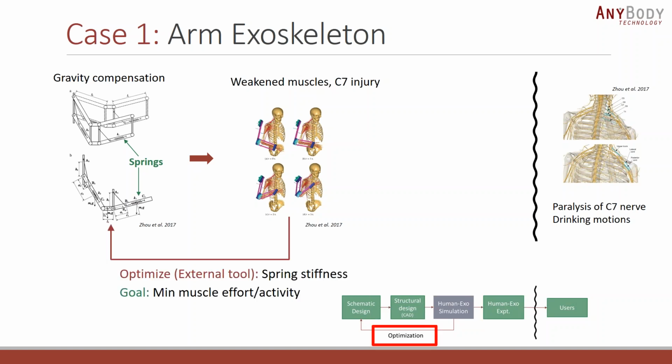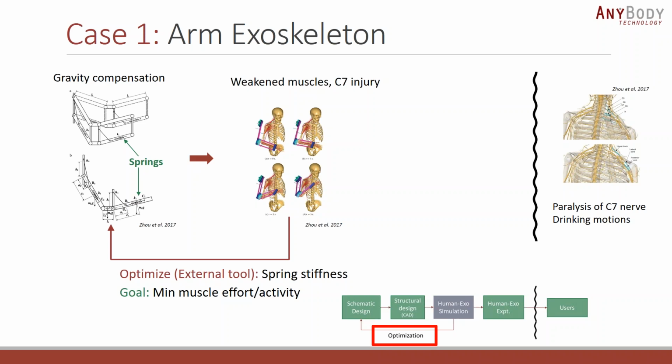And they then ran an optimization, using in this case an external tool because they wanted their own optimization. I think it was an evolutionary optimization algorithm, if I'm not mistaken. The goal of this optimization was to tune the spring stiffness such that the muscle effort computed by inverse dynamics was minimized.